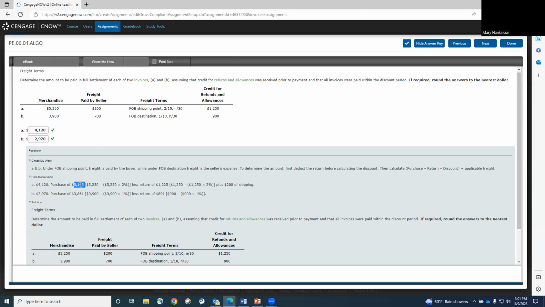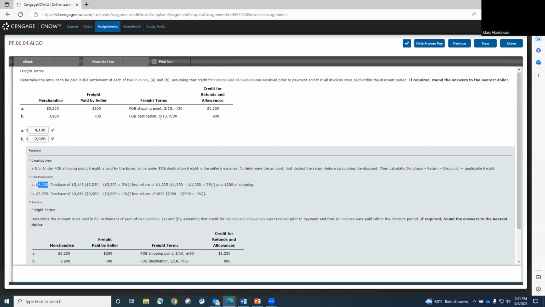So we will take the purchase of $5,145 minus the return of $1,225 and then add $200 of shipping. So for A, the amount to be paid in full for invoice A equals $4,120.